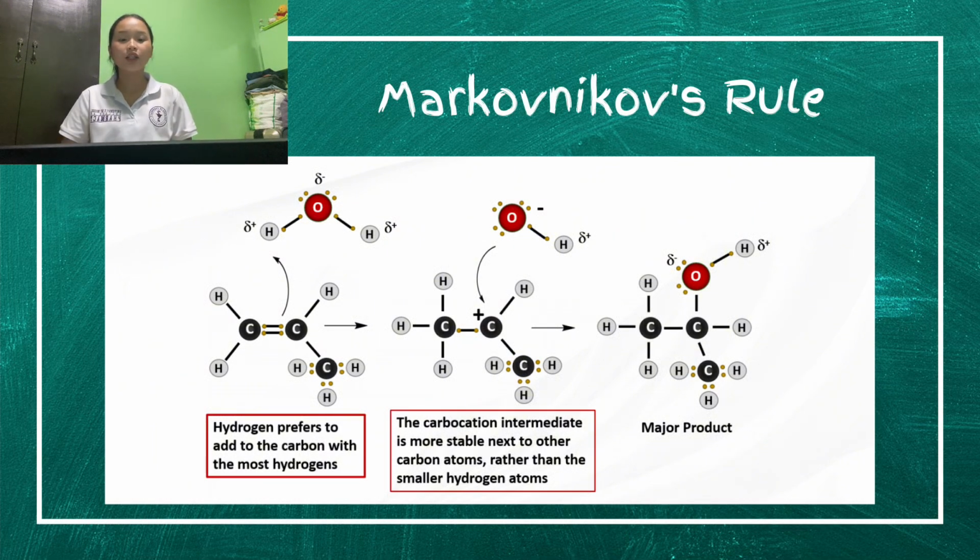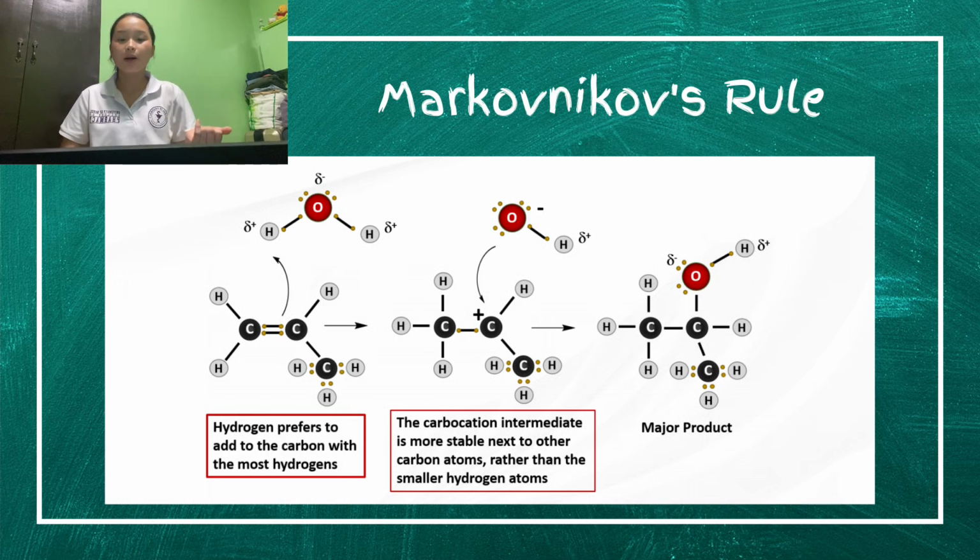Meanwhile, an alternative, less favorable pathway produces the minor product but in much lower quantities. The same concept applies to hydrohalogenation reactions, where HX such as HCl or HBr reacts with an alkene.